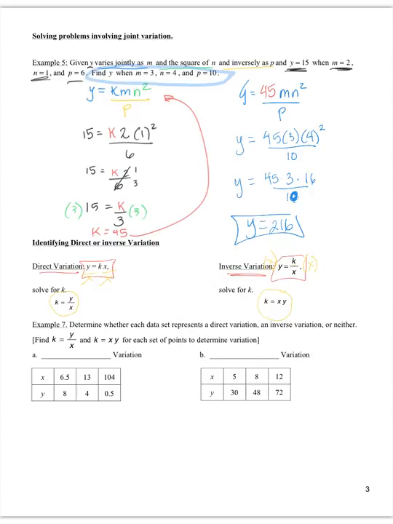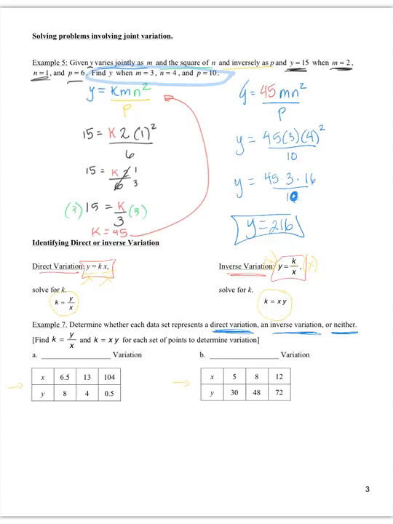That is how you identify the constant of variation. So if you're looking at example 7, you are being asked to determine whether each data set, so you have two tables of values, represents direct or inverse variation, or perhaps neither. So, keeping in mind k, we can solve for k for each of these sets of points to determine the variation.